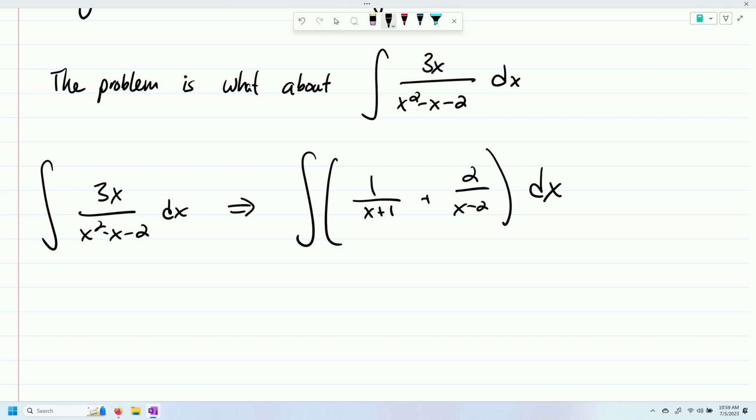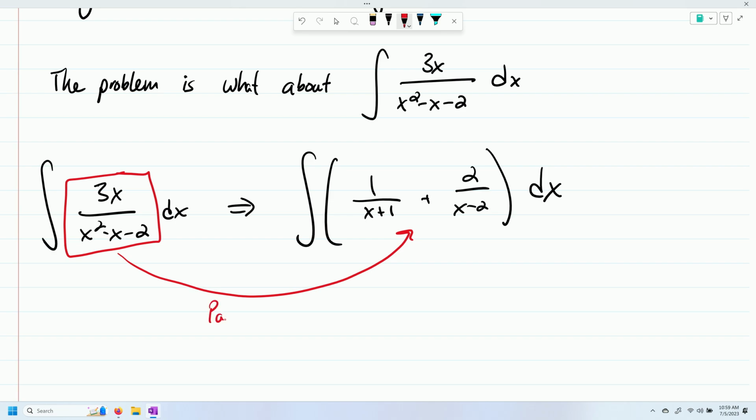Now, the question becomes, how do we go from this into two separate rational expressions? Well, the answer to that is partial fraction decomposition. So I'm going to teach you how to do this.